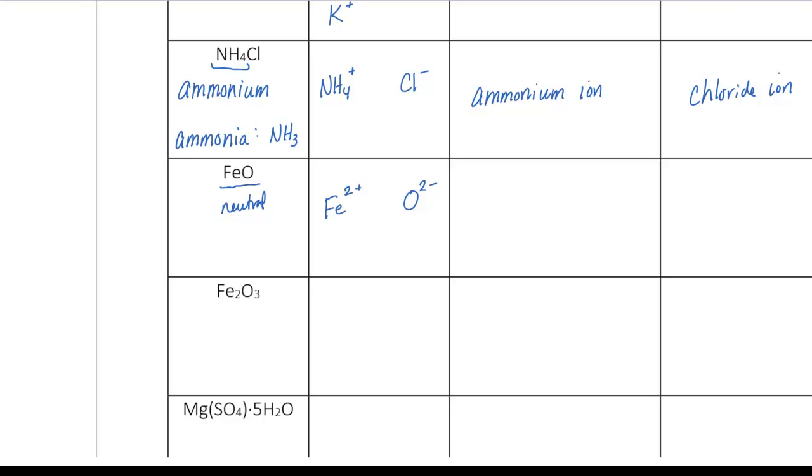Now, if we take a look at the next compound, we can see that it's also made out of iron and oxygen, but they're present in different ratios. So there are 2 irons for 3 oxygens. So this must be 2- as well. And since they're not 1-to-1, there must be a different ratio present.